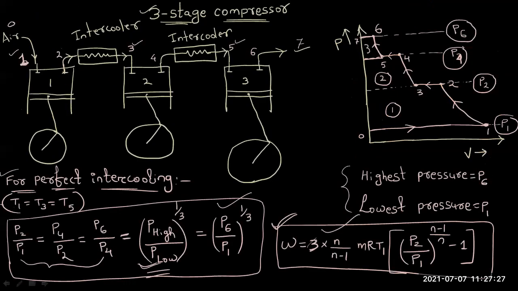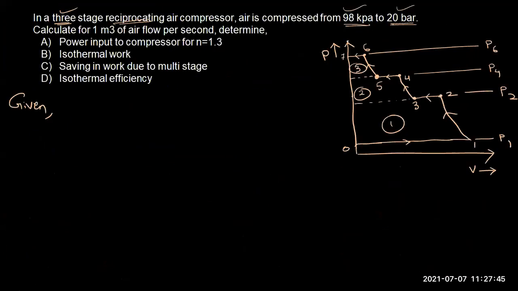If you see in the diagram, initially, whenever the air enters, the pressure of the air is 98 kilopascal, and finally from the last cylinder, the air we are getting is at 20 bar. So this is given in the question.